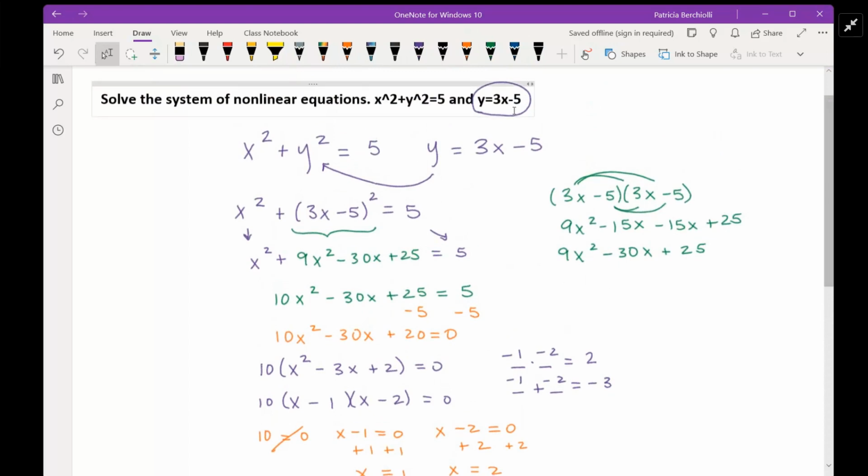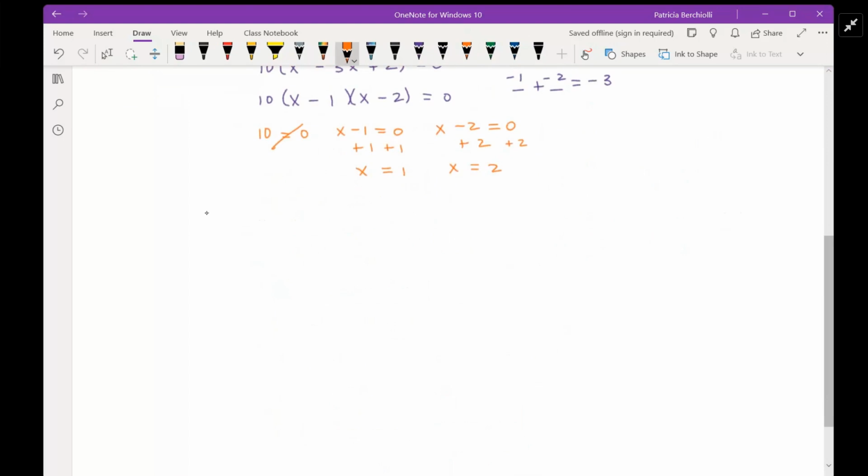So I'm going to use this second equation, y equals 3x minus 5, to find the y value. So again, I'm using y equals 3x minus 5. If x equals 1, then let's plug in 1 for x.